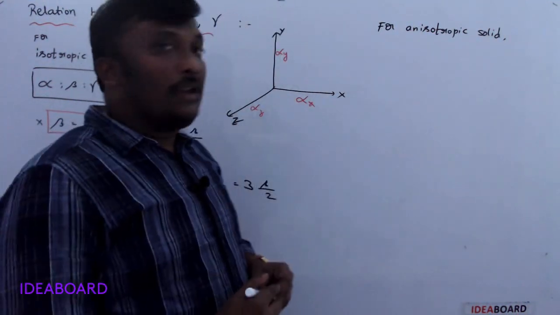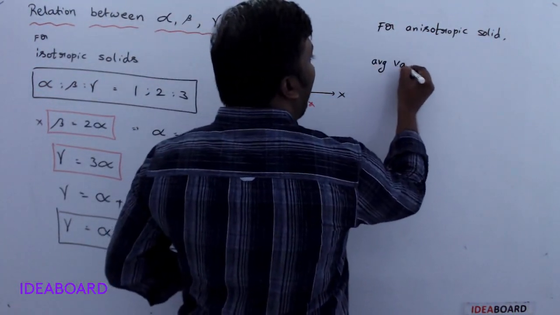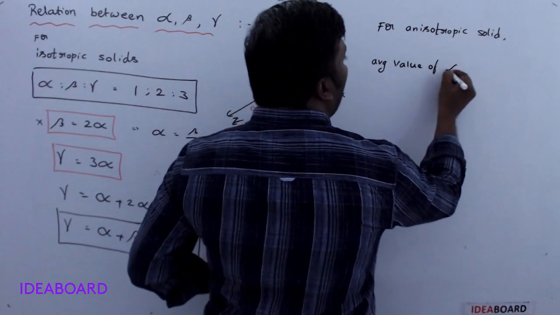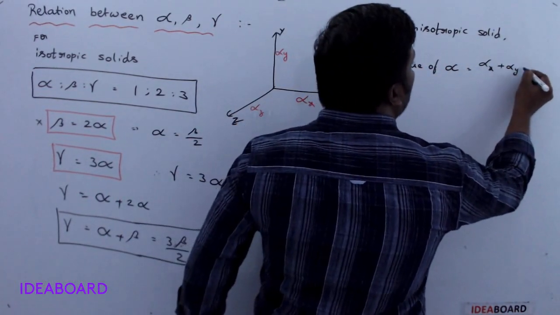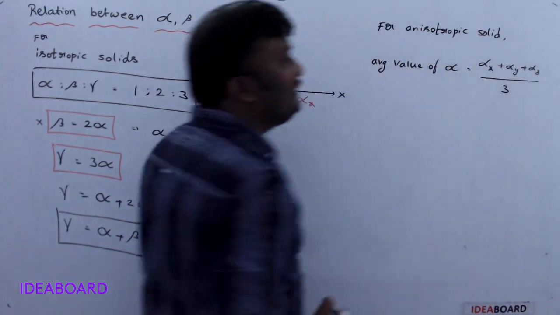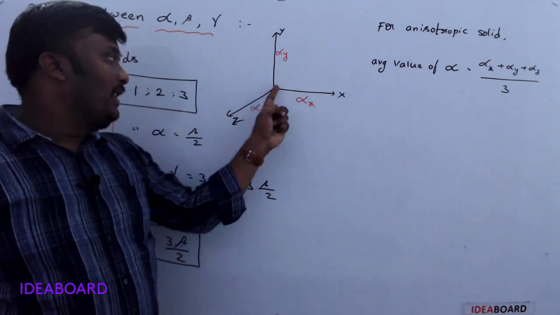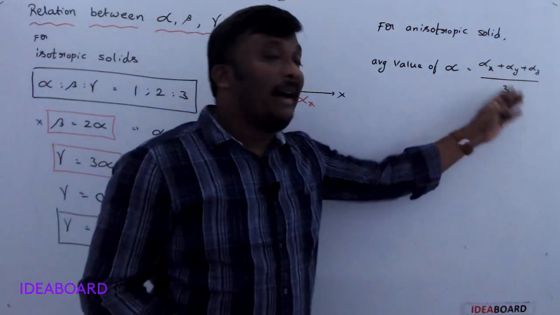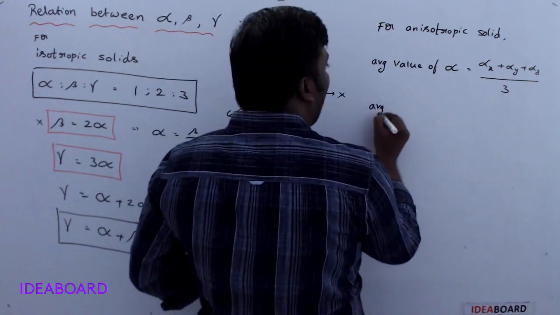Then, for anisotropic solids, the average value of alpha is equal to alpha x plus alpha y plus alpha z by 3. Understand? What is the average value of beta?